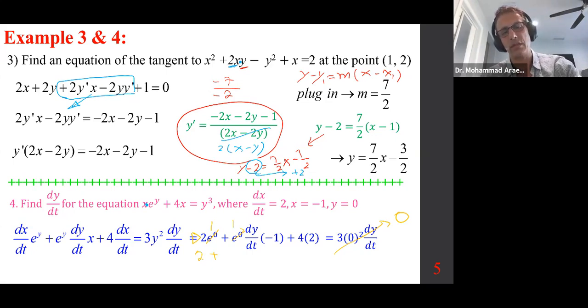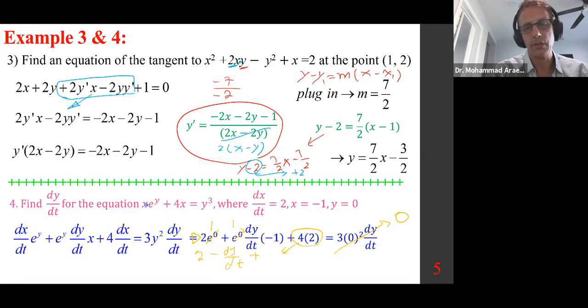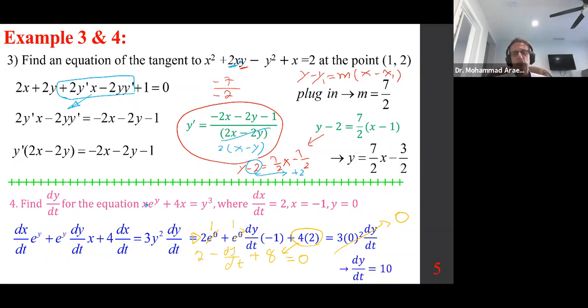So negative, so minus dy/dt plus 4 times 2 is 8, and the right side is 0. Okay. So I hope you realize dy/dt becomes 2 plus 8 or 10. And that's your final answer, everybody.